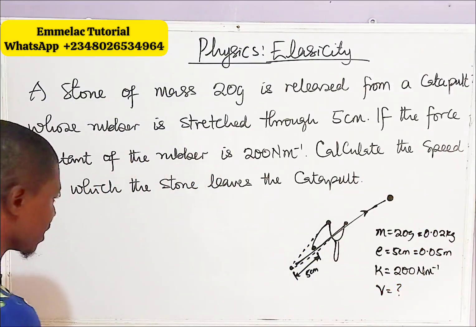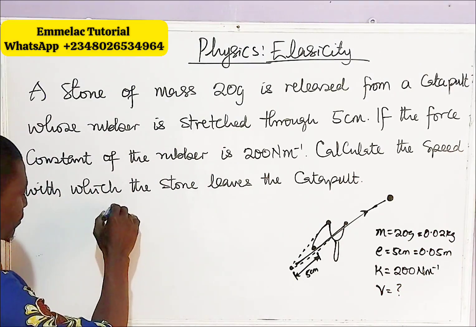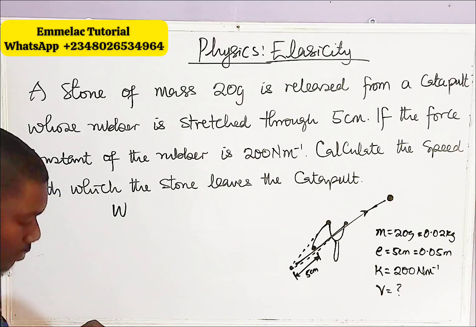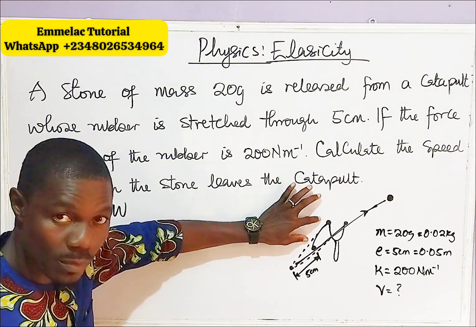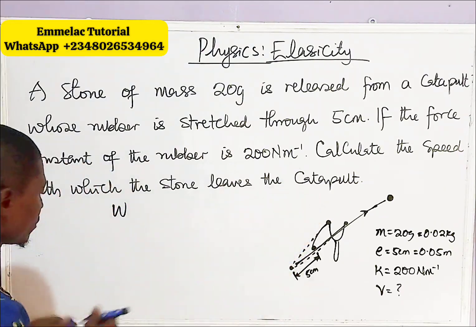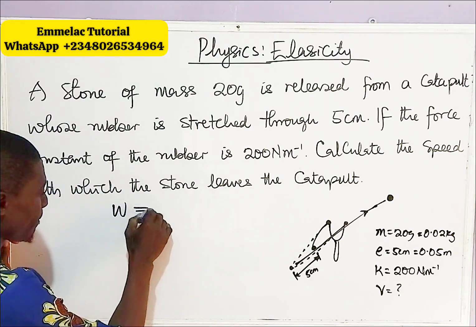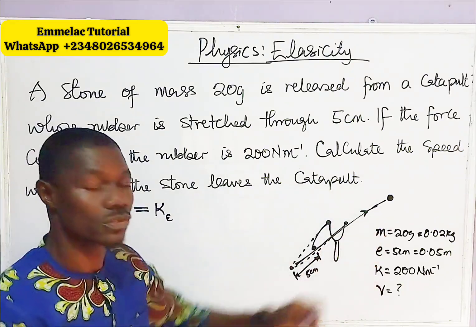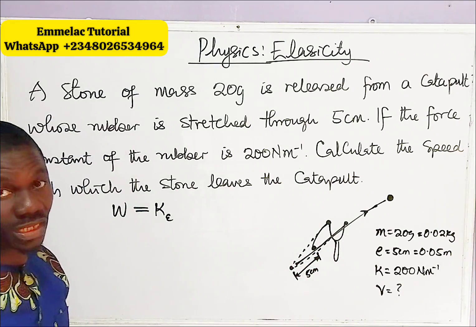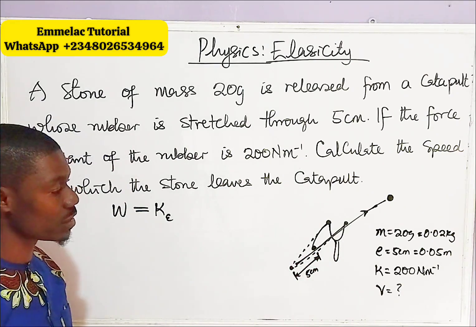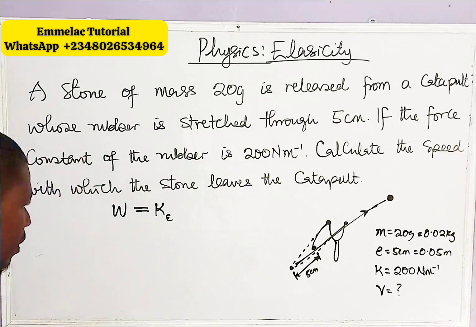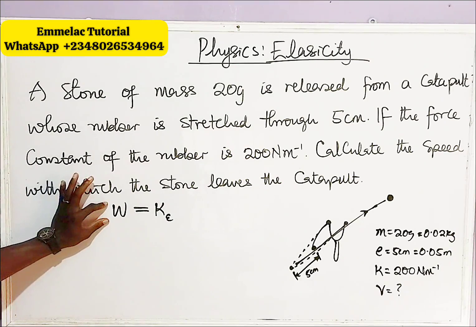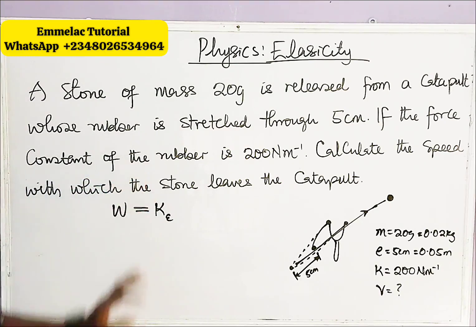Okay, so we can say here that the work done on the rubber is equal to the kinetic energy to which the stone leaves the catapult.